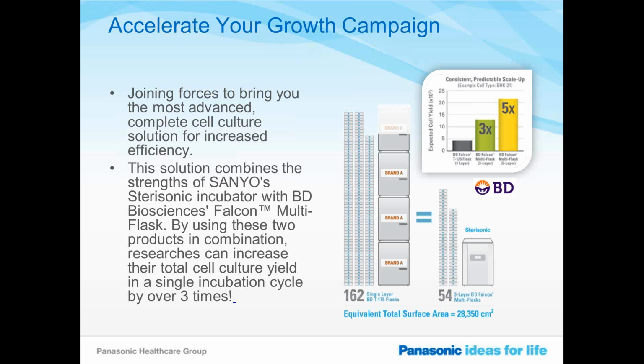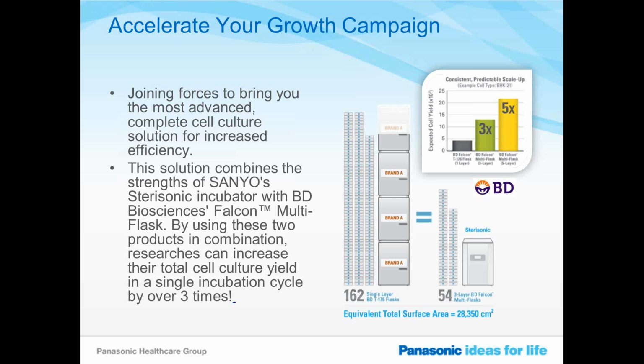Fundamentally, most customers use a T175 flask, and BD introduced a multi-flask, which is a 3-layer and 5-layer product, which will be able to triple or 5 times your surface area for culturing. So in essence, you're able to increase your surface area for culturing and culture more in less time.